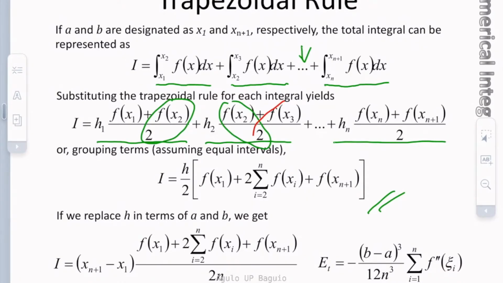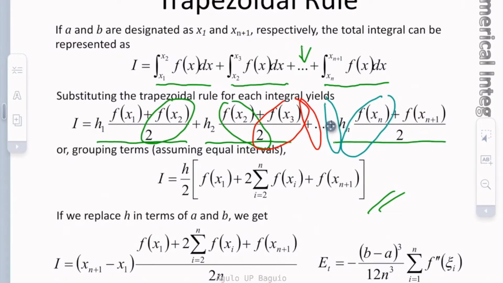Also, there's a term here, f of x3 divided by 2, and there's another term here, which is f of x3 divided by 2, and so on and so forth. Finally, towards the end, you have a term f of x sub n divided by 2, and another term here, f of x sub n divided by 2, which you also combine.